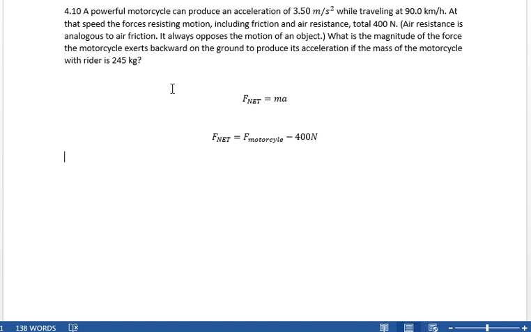So we have to take out the frictional forces. Those have to be overcome. That gives us our net force. We stick all of this in. Force, I'm just going to put M for motorcycle, minus 400 newtons equals, and their mass was 245 kilograms, and our acceleration is 3.50 meters per second squared.